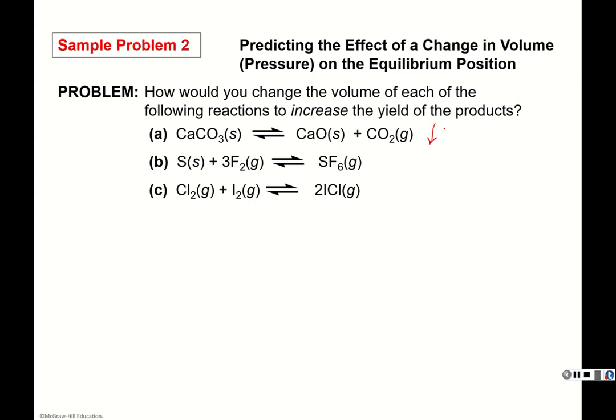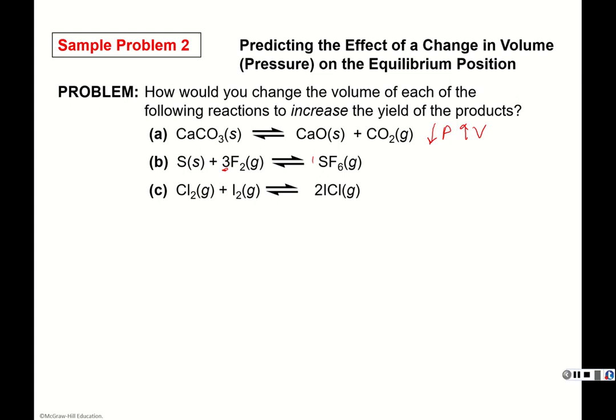If we drop the pressure, or the reverse of that, raising the volume, that's going to favor the side that has more moles of gas, which in this case would be the right side, or the product side.